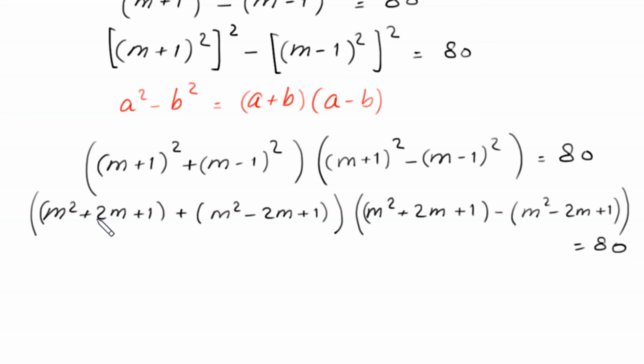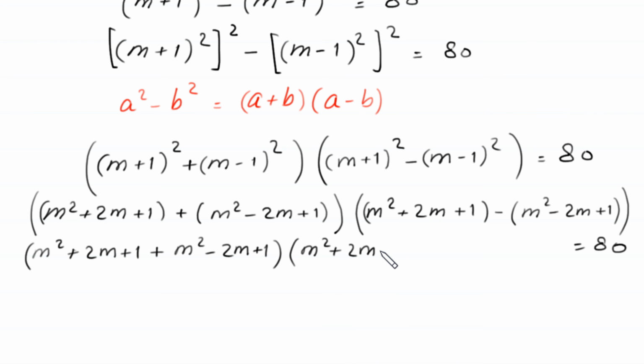Now we remove these inner brackets. (m squared plus 2 times m plus 1 plus this m squared minus 2 times m plus 1) times this expression (m squared plus 2 times m plus 1), and due to this minus, signs of these three terms will change.